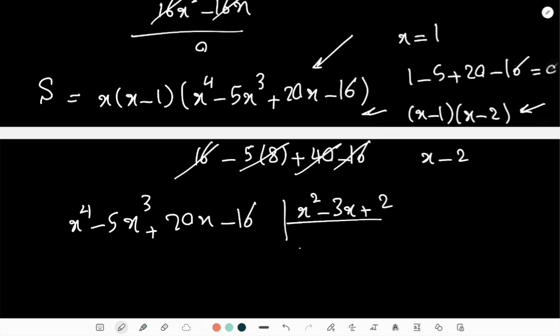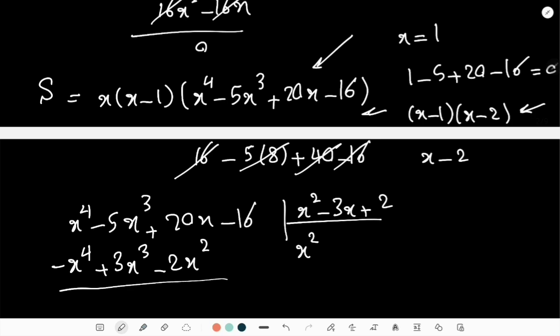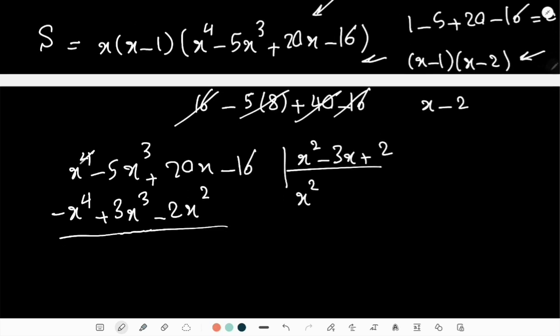And this gives me x^2 minus x^4 plus 3x^3 minus 2x^2, and this is canceled, and this guy is minus 2x^3 minus 2x^2 plus 20x minus 16.